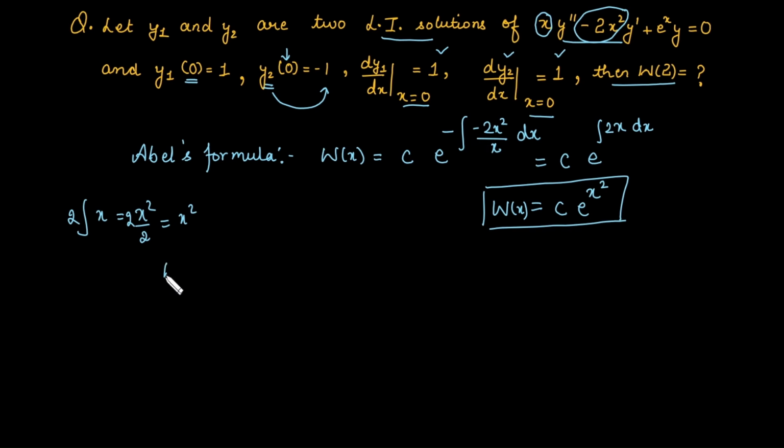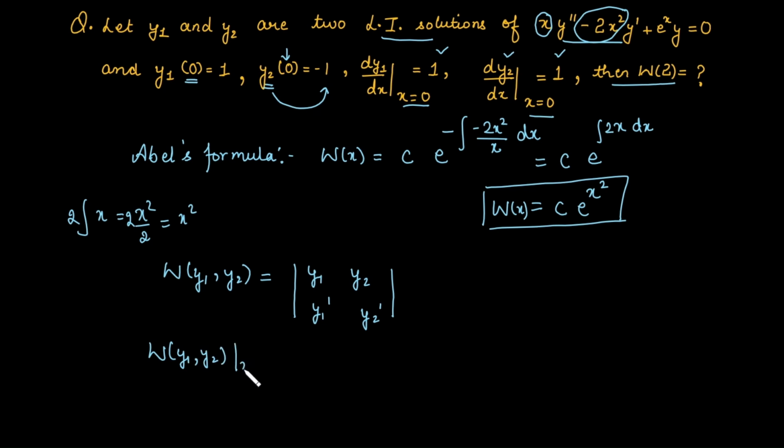Now you can use the original definition of a Wronskian. The Wronskian of the two solutions y1 and y2 is calculated as the determinant of y1, y2, y1 prime, y2 prime, that is the first order derivatives of both the solutions. We need to calculate this, but according to the question, their values are given at 0. So we will write the Wronskian value at x equal to 0. This means we need y1 at 0, y2 at 0, y1 dash at 0, y2 dash at 0, the first order derivatives.